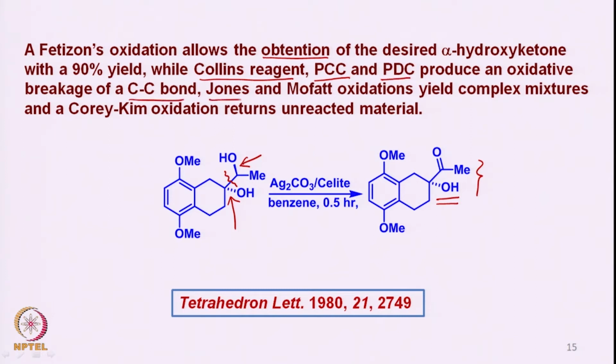Similarly, Jones and Moffatt oxidations yield complex mixtures, whereas Corey-Kim oxidation does not give any oxidation and gives back the unreacted starting material. What it indicates is that it is a mild oxidizing agent, and therefore it is useful for the oxidation of a substrate having a secondary hydroxy group and a tertiary hydroxy group to form the alpha hydroxy ketone of this kind.